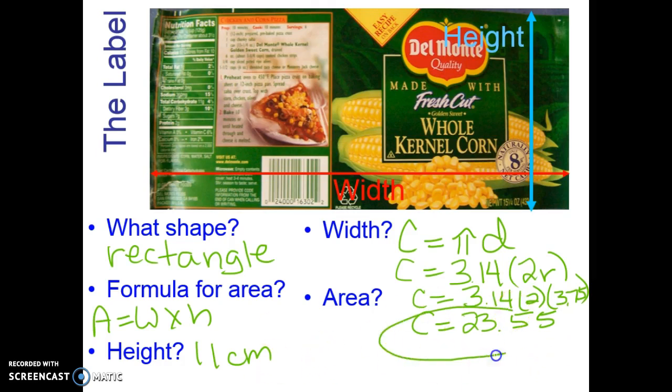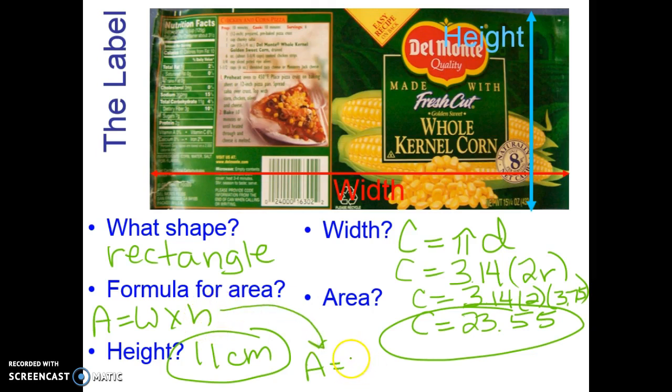Now we have the width and we have the height. We can plug that into our area formula right here. Instead of writing width, I'm going to write 23.55 centimeters. And instead of writing height, I'm going to write 11 centimeters.